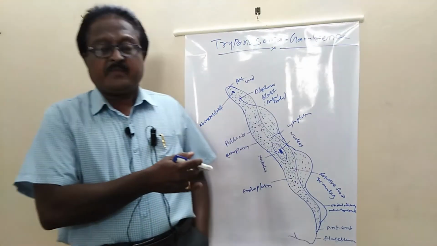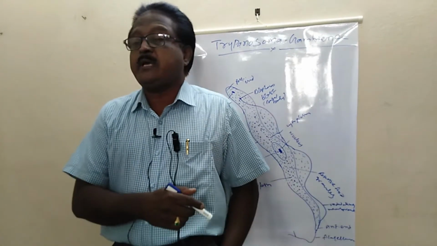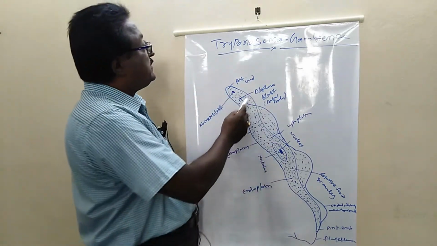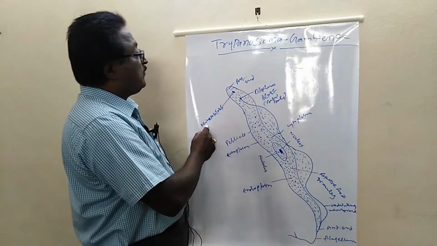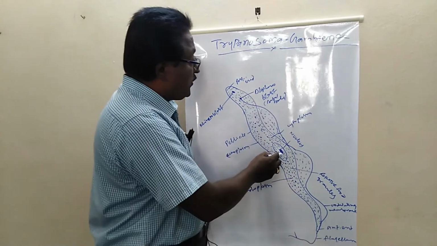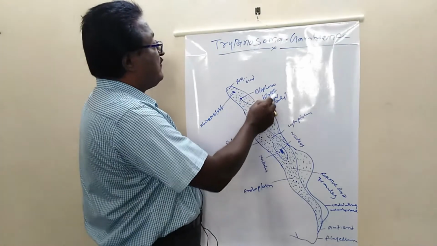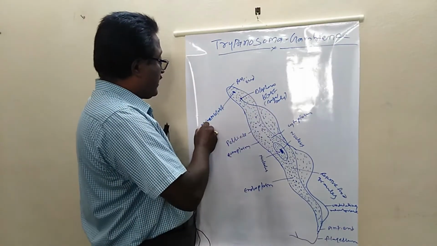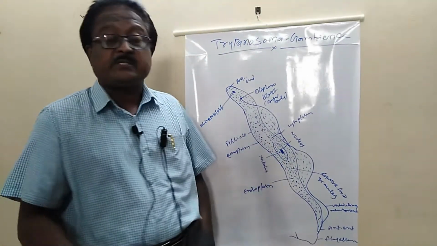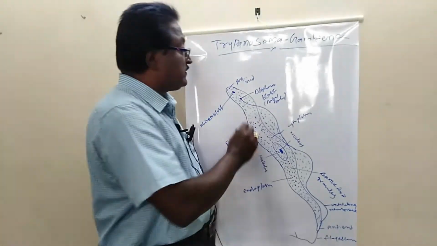Generally, we know that cytoplasm is divided into ectoplasm and endoplasm. Here the cytoplasm contains the blepharoplast, the kinetoplast, and the nucleus. The nucleus is oval in shape, larger in size, with a nucleolus.